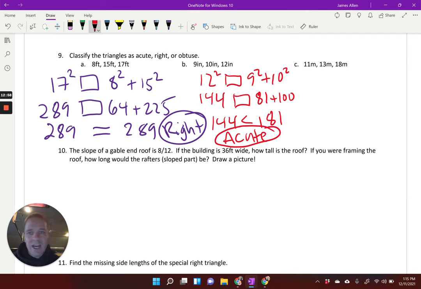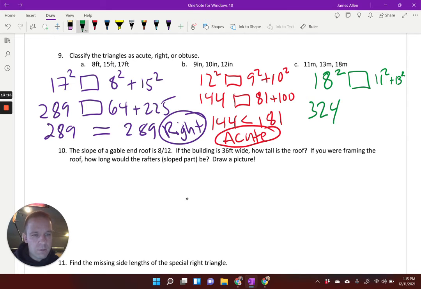Next one. Change colors again. Green. c squared is my 18 squared, which is 324. Then I have 11 squared plus 13 squared. So 121 plus 169.